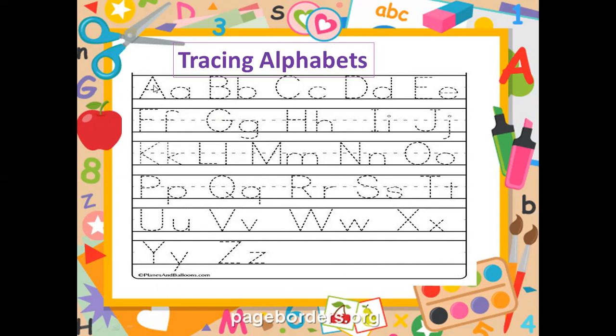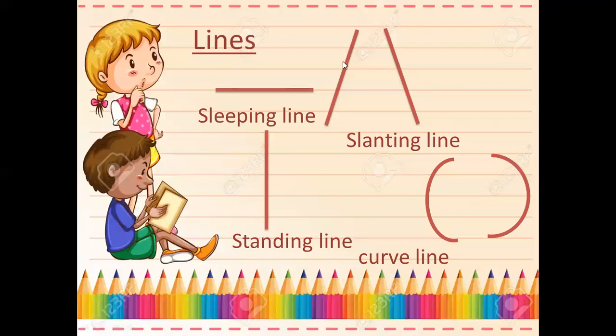Now let's start the tracing of big A, capital A. How will you draw the capital A? Just watch it carefully. It is a slanting line starting from the top to the bottom. Like this. Look here.